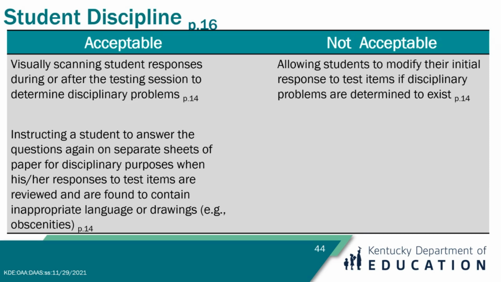The paper on which the retaken item is answered should be considered a secure material and treated as such, following the directions in the administration manuals for how to submit the retaken item to KDE. No changes may be made to the original responses recorded in the student response book.